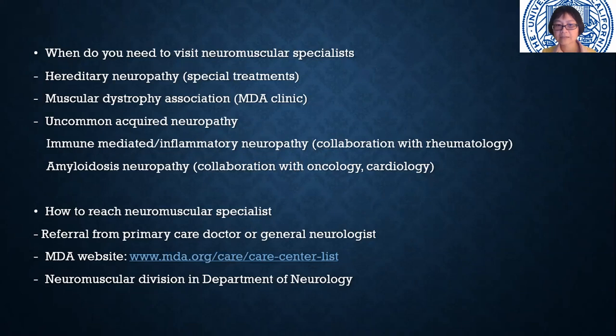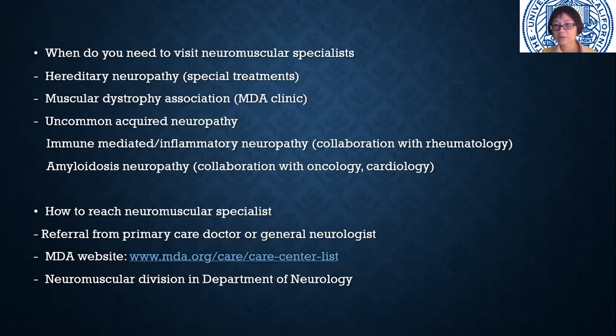You can find the care center list on the MDA website. And also you can now Google online to look for neuromuscular divisions in the Department of Neurology at different institutions nationwide.